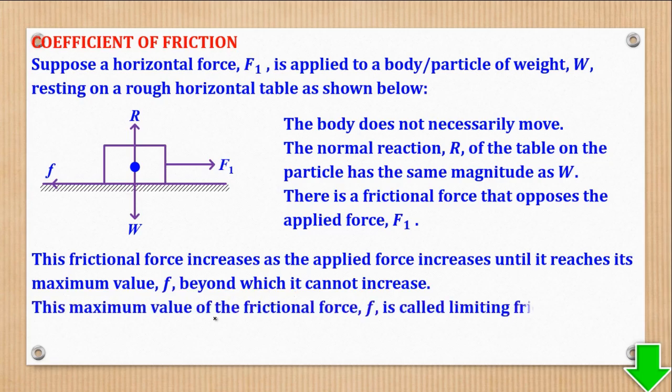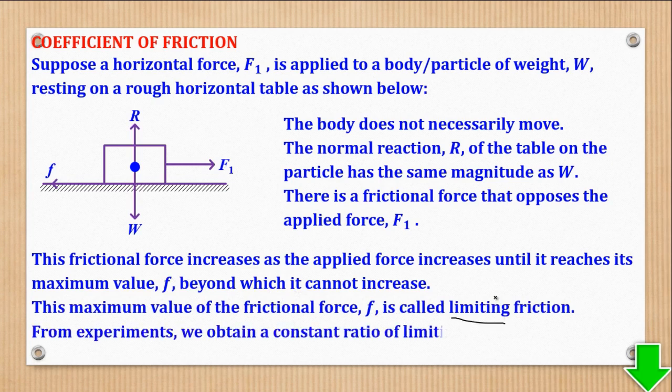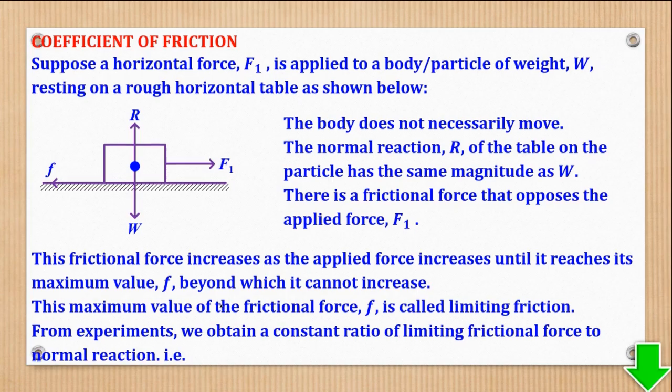So this maximum value of the frictional force is called limiting friction. And from experiments, we obtain a constant ratio of limiting friction to normal reaction. So limiting friction over normal reaction is constant.